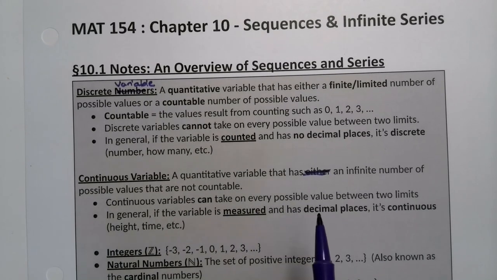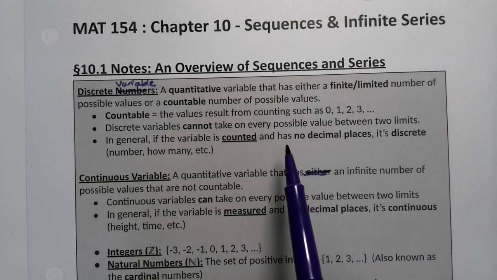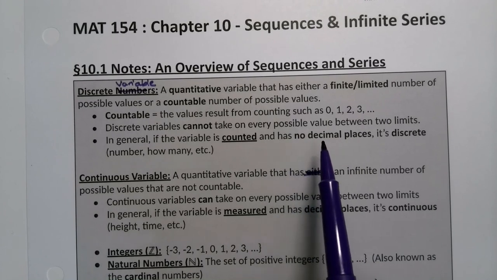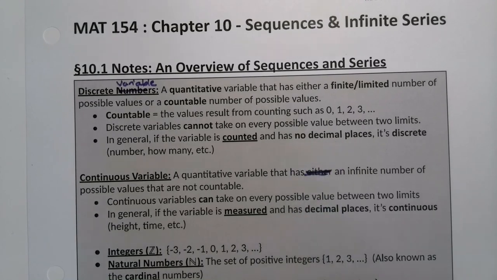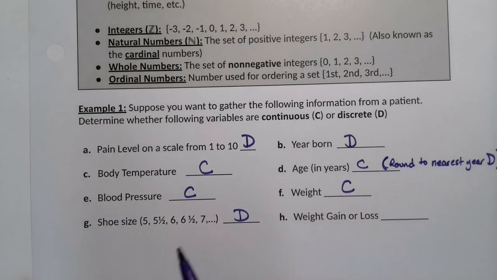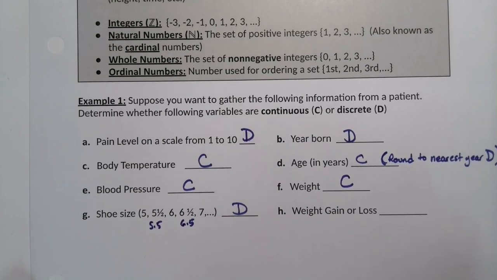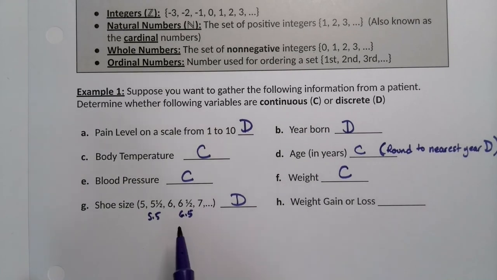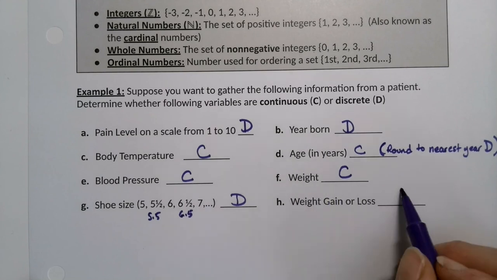That is not the case. And that's why I said up here, in general, discrete variables have no decimal places, but it's not hard and fast, right? It could have decimal places as long as they're very limited, usually 0.5, which is what this is. This is 5.5, this is 6.5, but that's all you're going to get. So that's okay, that's discrete. Now, the amount of weight you've gained or lost, well, just like weight, that's continuous.